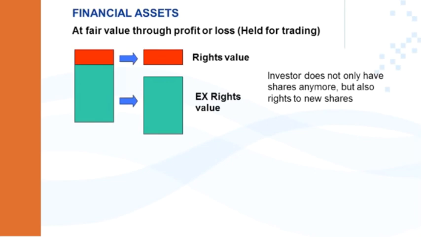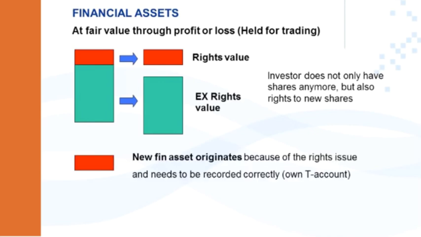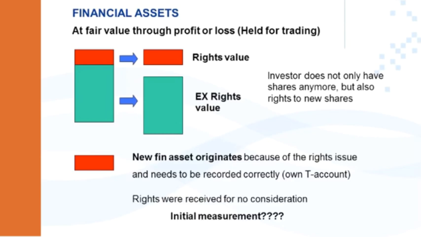And this happens at the date when the rights were issued. So this right is a new financial asset that originates because of the rights issue, and you have to record it separately in its own T account. Because we are in the category at fair value through profit or loss, the initial measurement of the rights will also be at fair value.